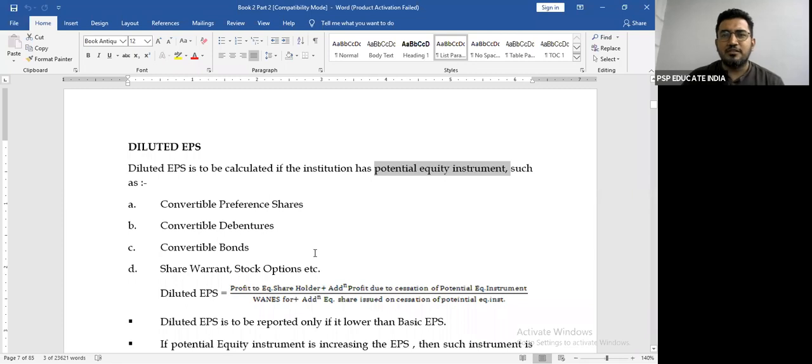Because you do not now have a debt instrument, that debt instrument's interest or cost will be saved.